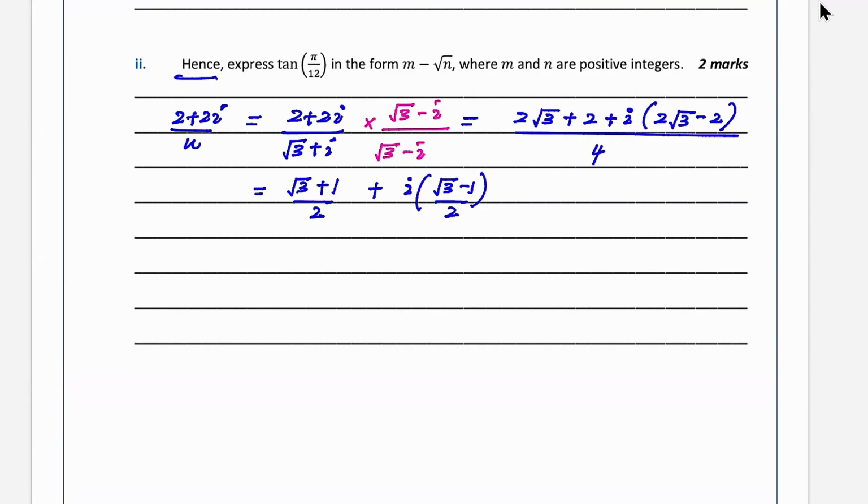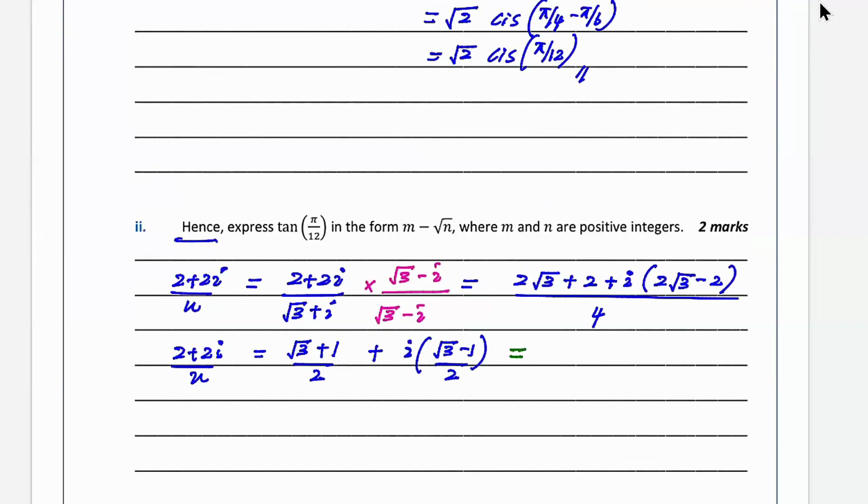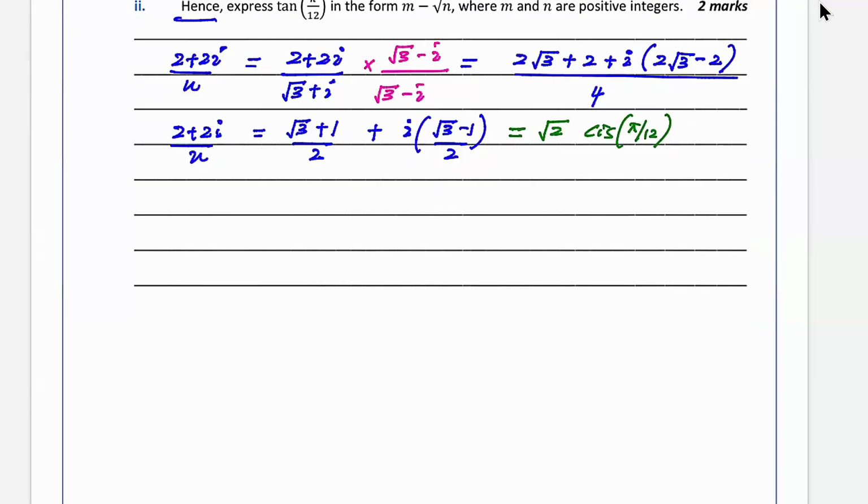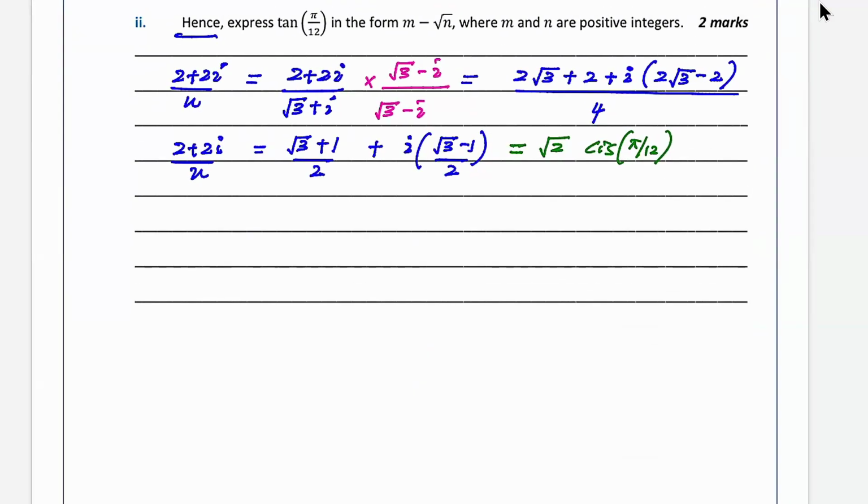Yeah. So now this is 2 plus 2i divided by u. So now we understand this was equal to previously square root 2 times 6 pi divided by 12, isn't it? Yeah. Cross multiply. When I cross multiply, I get square root 3 plus 1 divided by 2 square root 2 plus i square root 3 minus 1 divided by 2 square root 2.